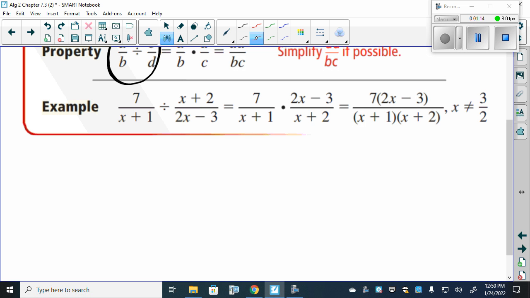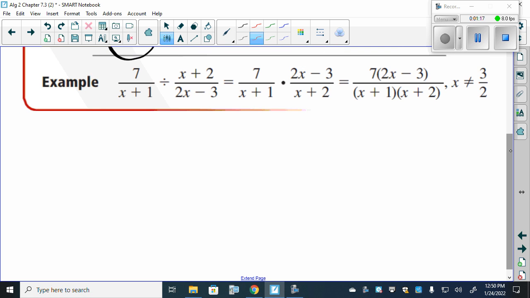Now there is a slight difference when we talk about restrictions. And I'll show this with the example they gave here. When we talked about the restrictions on Friday, we're really looking for what values of x would make the denominator 0. Now, if I picked x equals -2, as we can see here, -2 won't make either denominator 0.